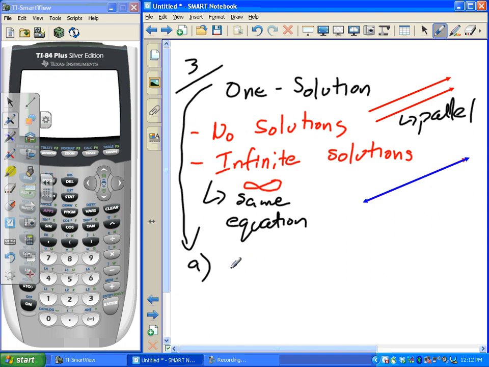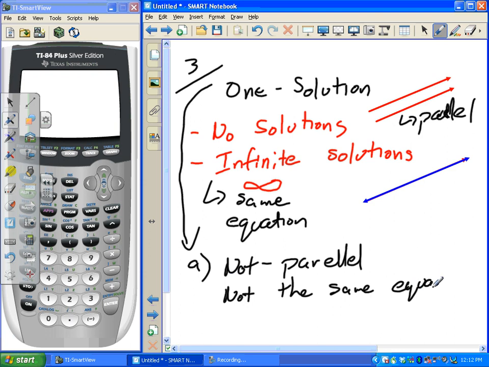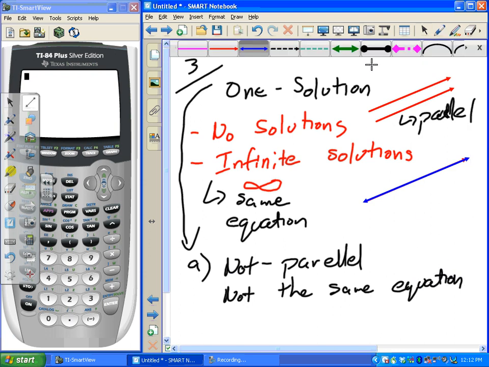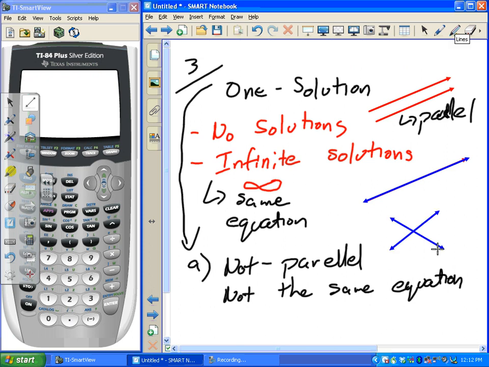They are not parallel. I spelled parallel wrong up there. And they are not the same equation. So in other words, there are two lines, and this is just an example that look like this. They cross each other at one point. Okay? Do you guys have questions about that one?